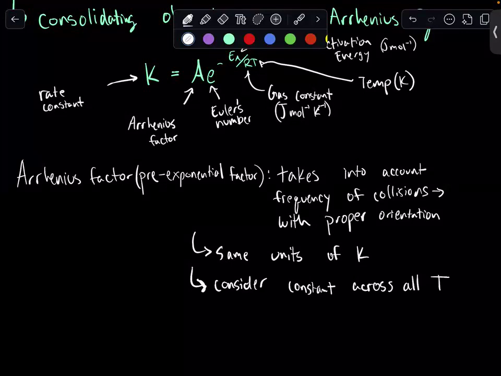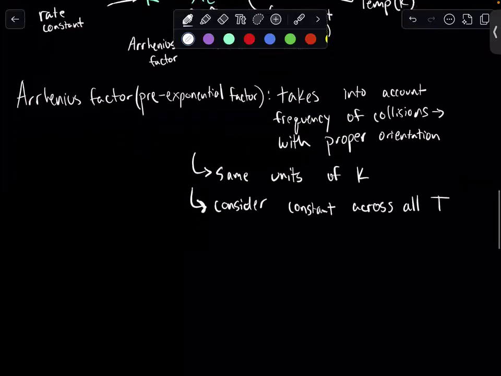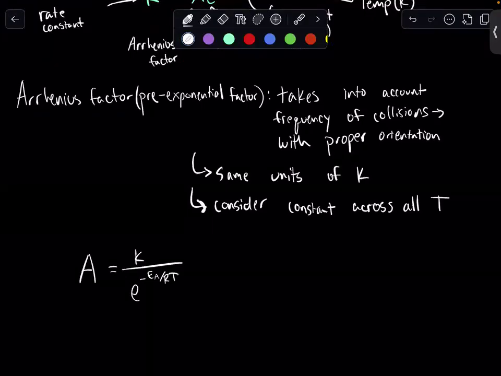All right, so that is our Arrhenius factor A. If we rearrange our Arrhenius equation, we can actually isolate A and say A is equal to the rate constant K divided by Euler's number raised to the power of the negative activation energy divided by RT. So we can solve for A just by rearranging our equation given the other values.